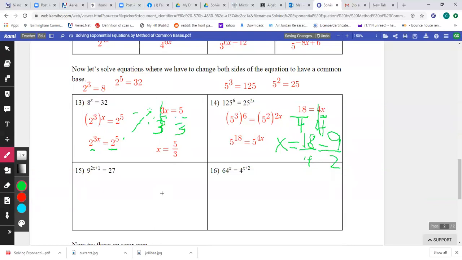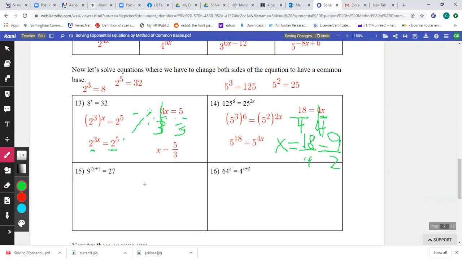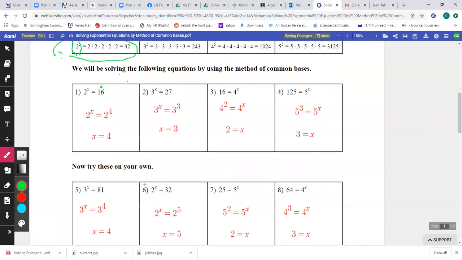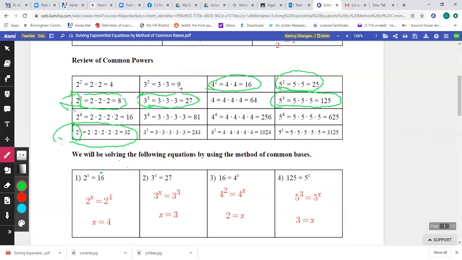Okay. So number 15 is more of the same, except now your exponent has 2 terms, but it doesn't really change much. So I have 9 and 27. So if I go back up to the table, and I look here, I see that 9 and 27 are both powers of 3.